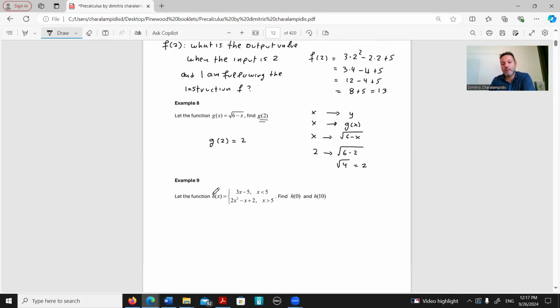Now look at example number 9. Here we have a piecewise function. In a piecewise function, we don't have only one set of instructions.